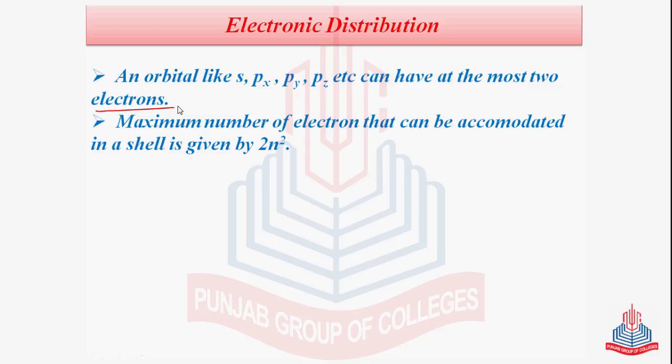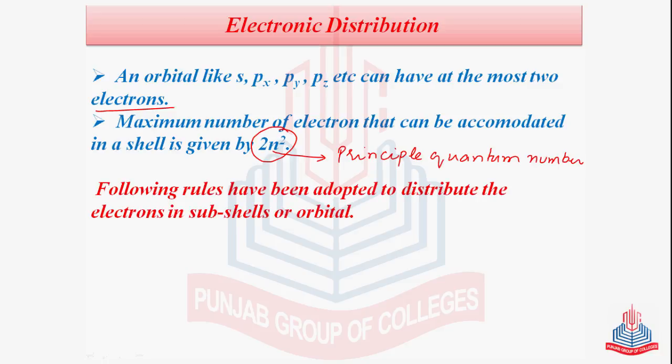Another important point is the maximum number of electrons that can be accommodated in a shell is given by 2n square. याद रहे, this small n is actually the principal quantum number, the value of which is always a non-zero, positive integer from 1 up to infinity.